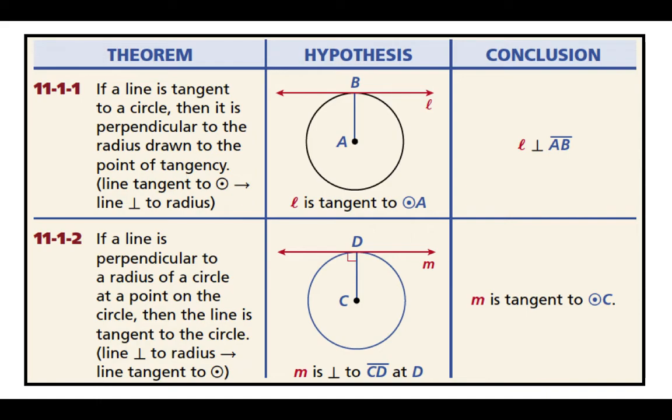So in other words, if we have a radius and a line that meets on the circle and that line is perpendicular with the radius, it is tangent. So if we have a tangent line and a radius that meet, then the lines are perpendicular. If we have a line and a radius that meet on the circle at a perpendicular angle, then they are tangent. They're converses of each other.